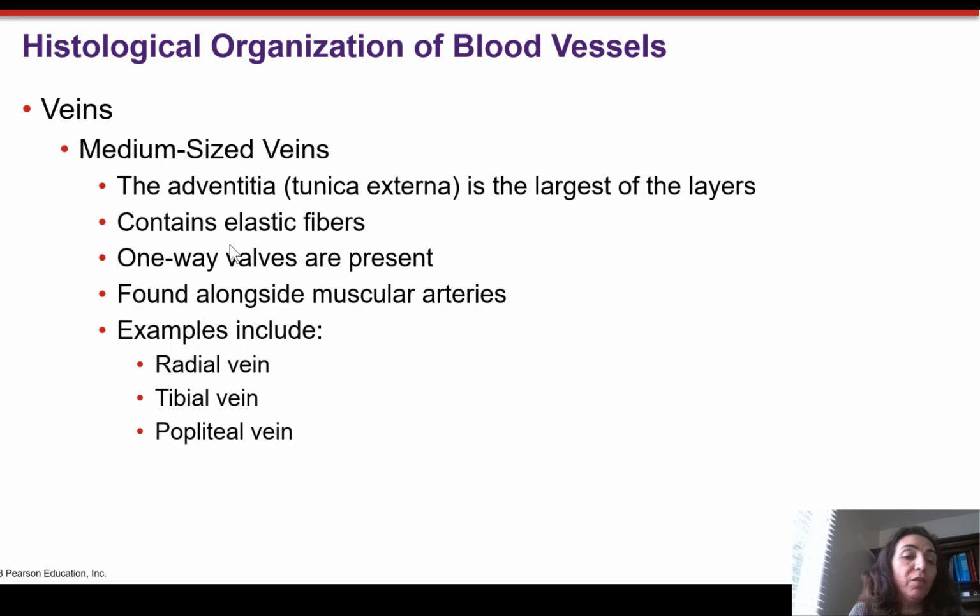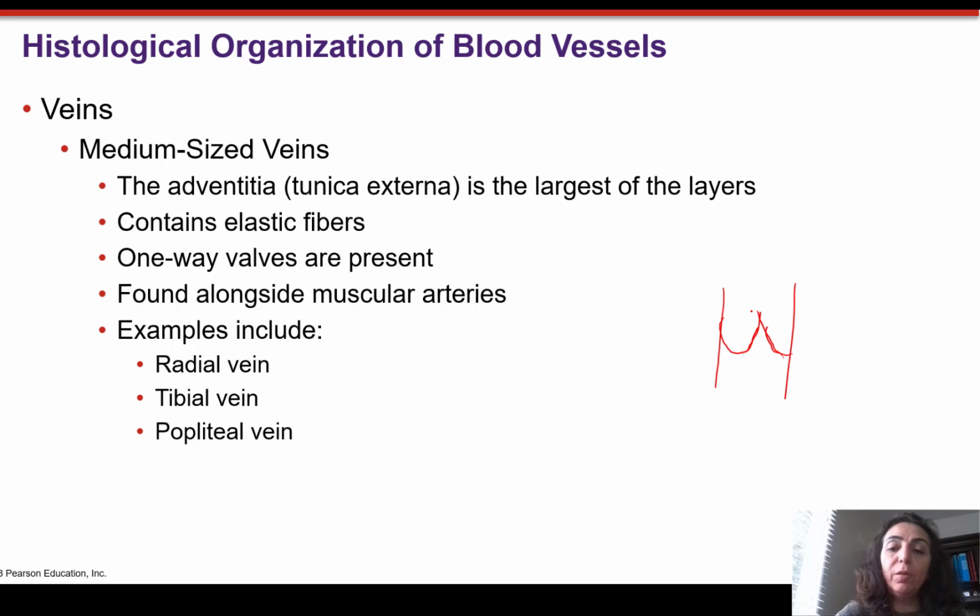Besides that, we have one-way valves, which are other parts that help the blood get back toward the heart, not the opposite way, downward. If you have a valve here, the valves are one-way like this. When they are open, and when they get closed, they just meet each other.